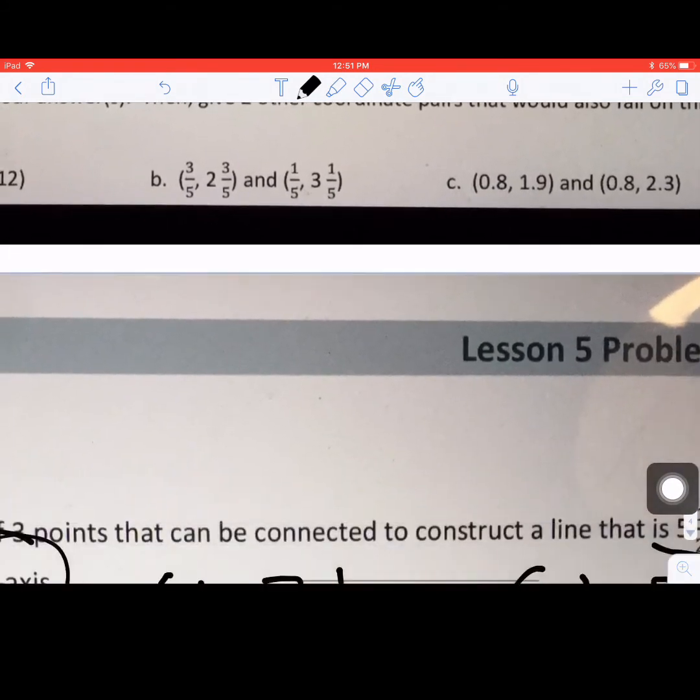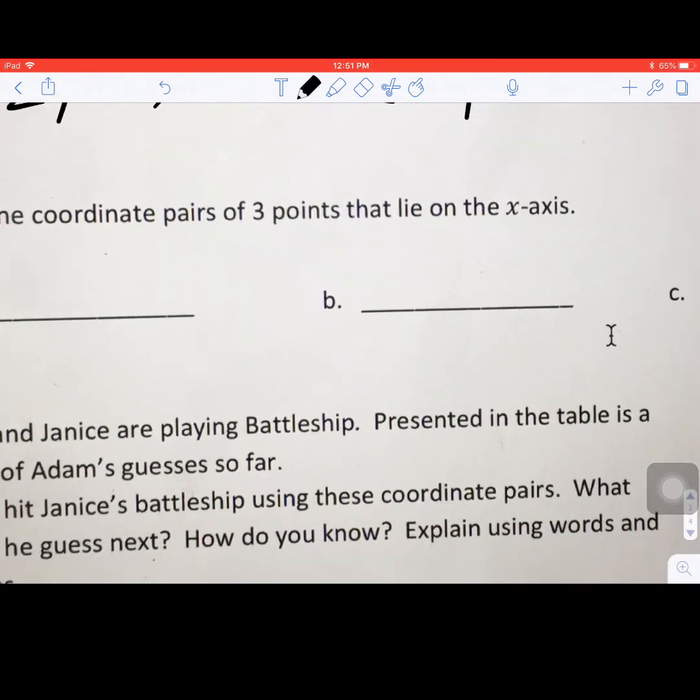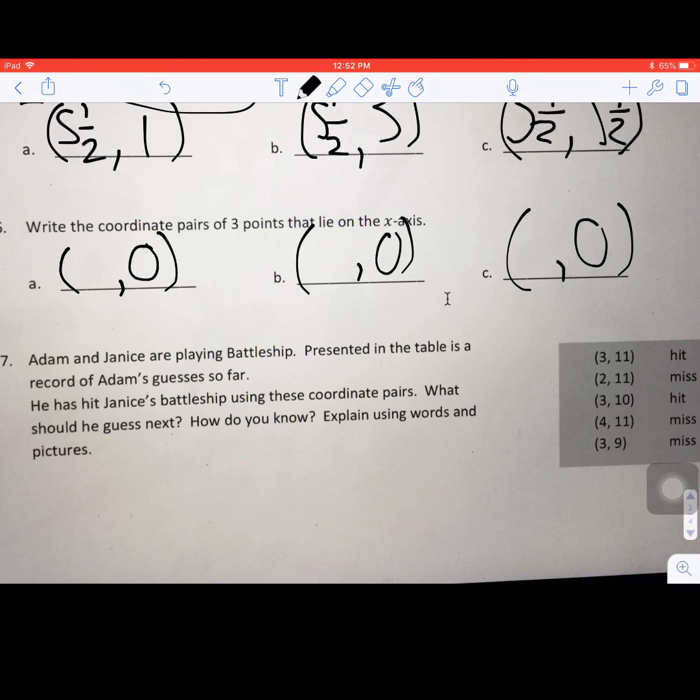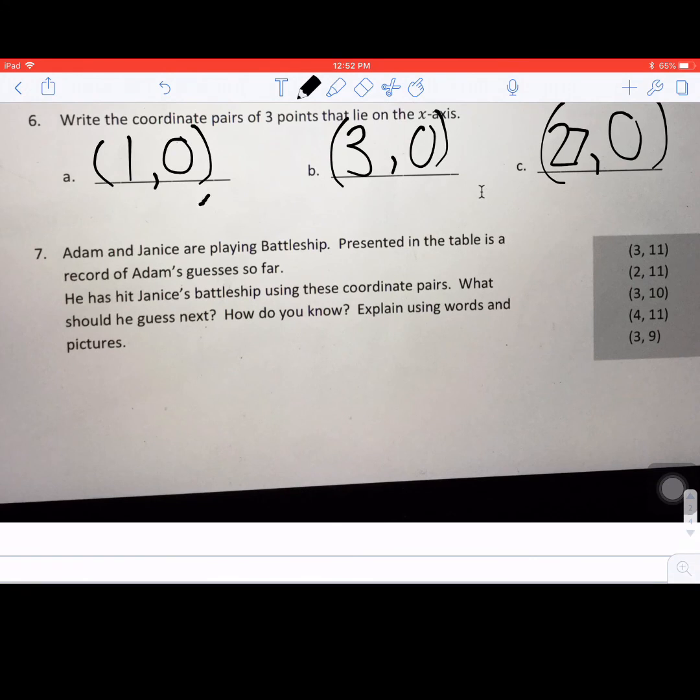All of those are at a y position of 0. So let's set those up and put 0 as my y, because if it's all on top of the x-axis, it is 0 spaces up. And then across, it can be any numbers, so 1, 3, 27, all of those work, 270, 896, all of those would work for x values because they're all on top of that x-axis.